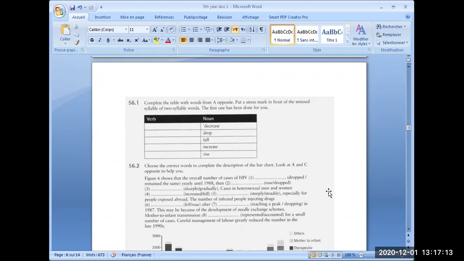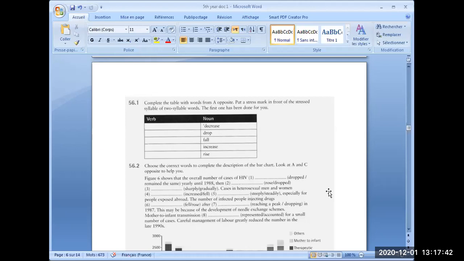This is for pronunciation. So for the verb, decrease is the noun, and the verb is to? Miss, can you repeat? To decrease. Yes, it's the same, but pronunciation is a little bit different. For the noun, the stress is on the first syllable, as you can see on the table.